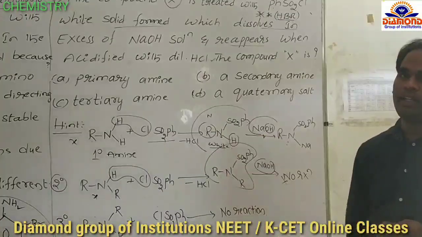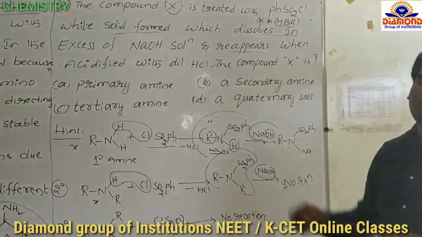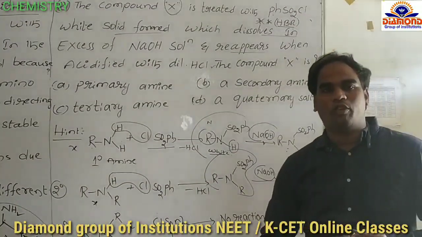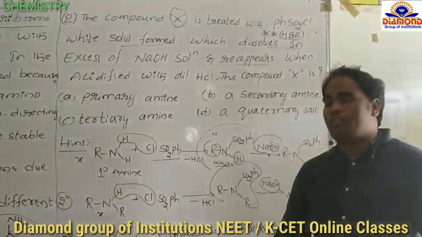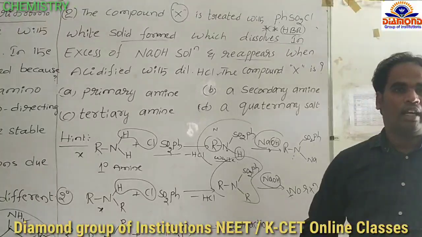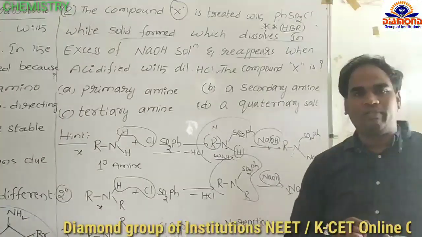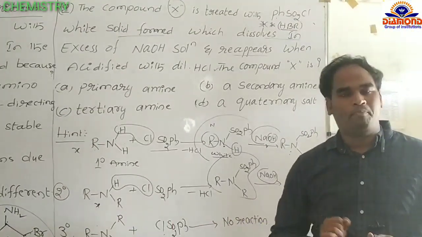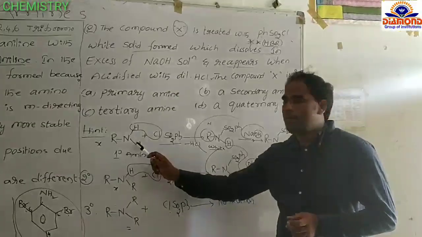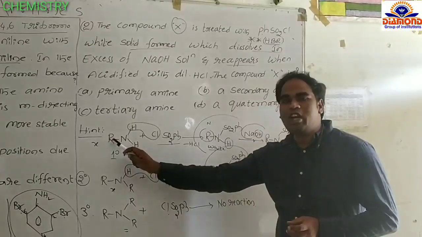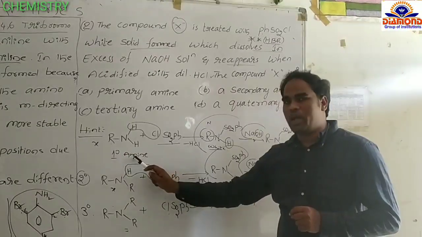So this is the hint, students. We already know Hinsberg's reagent, benzene sulfonyl chloride, is used for the separation or identification of primary, secondary and tertiary amines. See, students, in a primary amine, the NH2 group is linked to only one alkyl group, therefore it is primary.